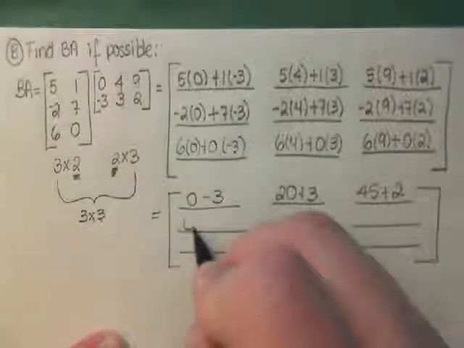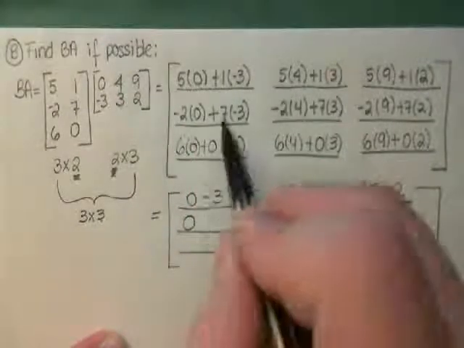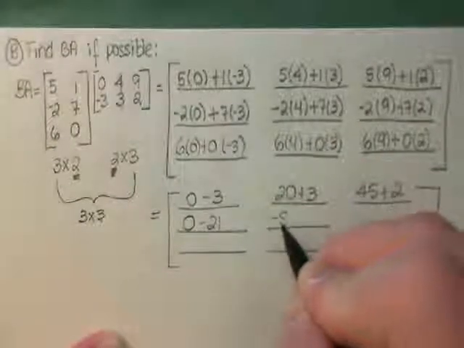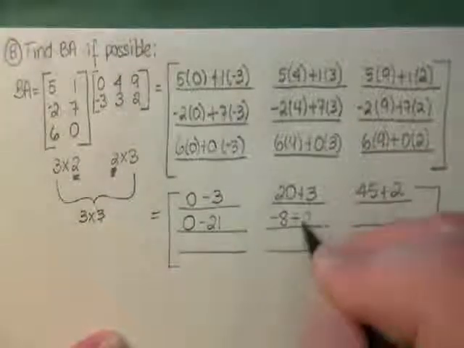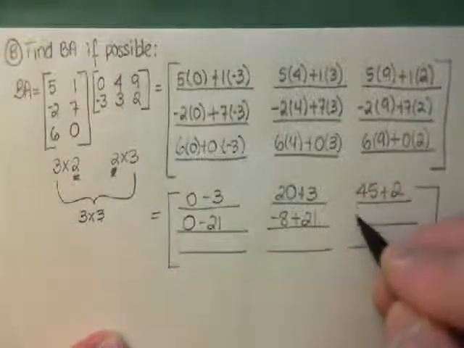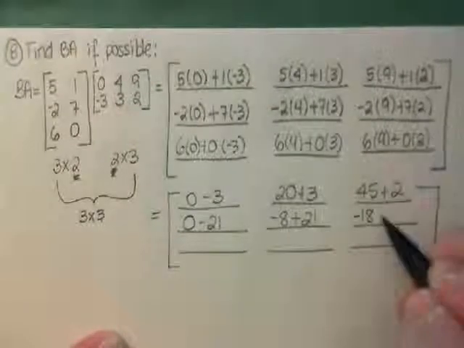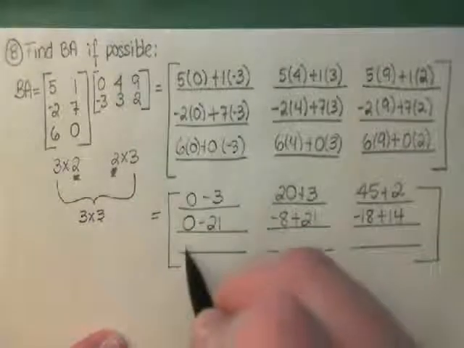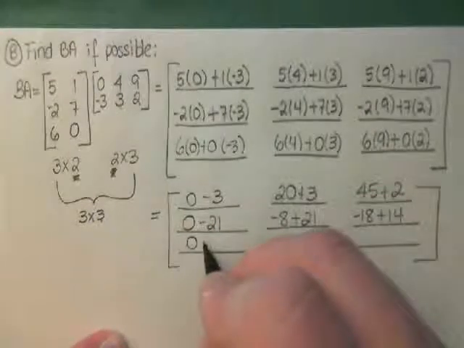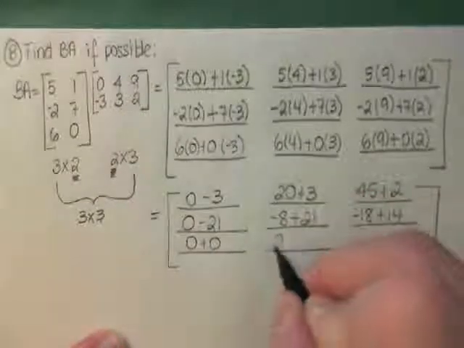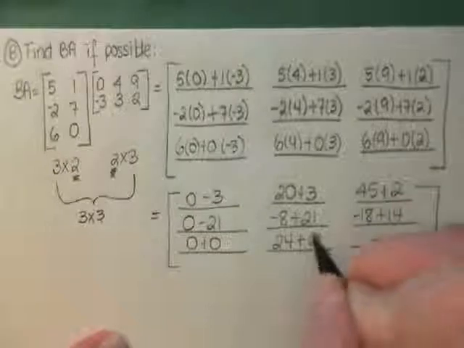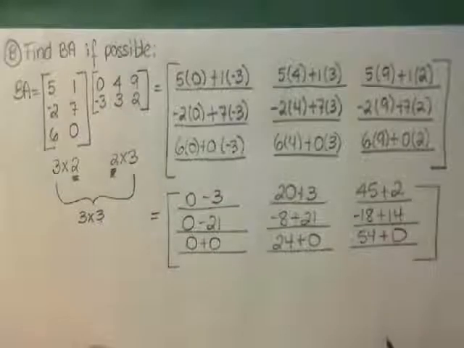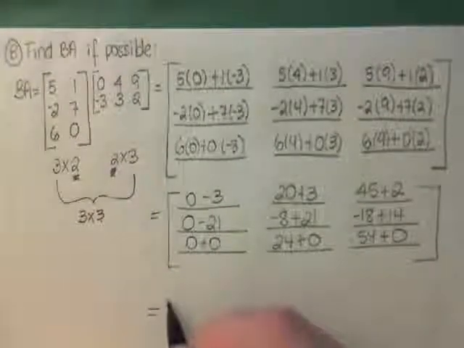Next one would be -2 times 0 is 0, 7 times -3 is -21, -2 times 4 is -8, 7 times 3 is 21, -2 times 9 is -18, and 7 times 2 is 14. Last one is 6 times 0 is 0, 0 times -3 is 0 again, 24 and 0, 54 and 0. And then the last step is just to add and subtract.